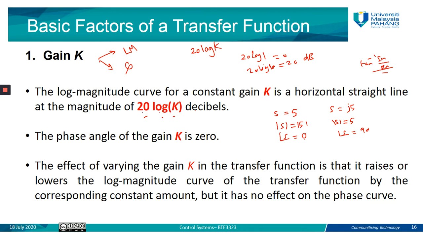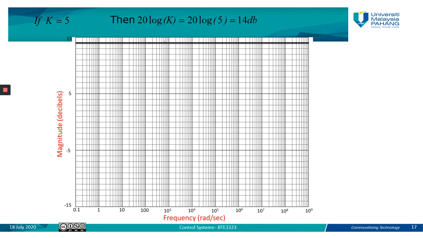So in the case of k, k is constant, so it has a magnitude of 20 log k, and it has an angle of 0. If we want to draw the Bode plot for the gain, it will be like this. This is the magnitude in decibels, and the horizontal axis represents the frequency in radians per second, related to j omega, correct?